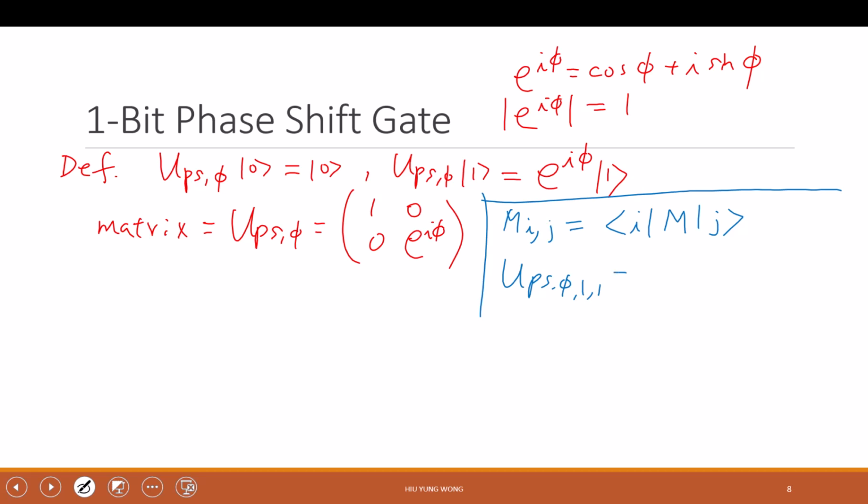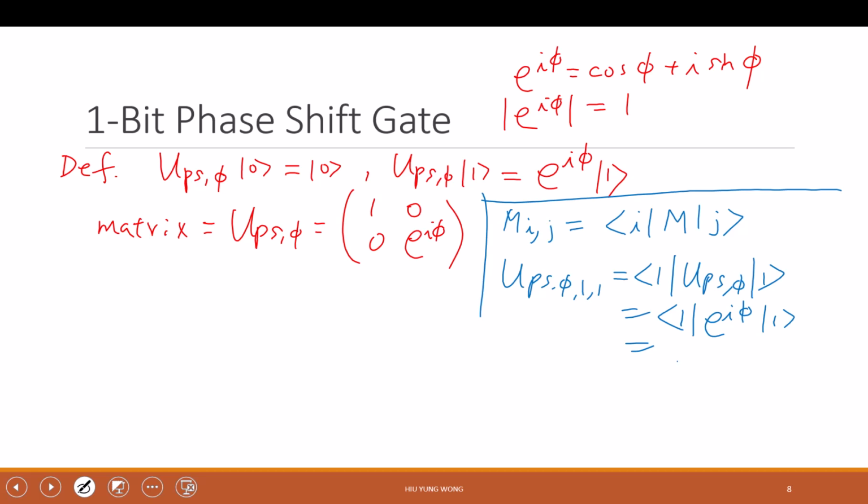It is equal to 1, U phase shift phi 1. But what is U phase shift phi 1? By definition, it's just equal to e to the i phi 1. And e to the i phi is just a number. I can take it out, and it's orthonormal.